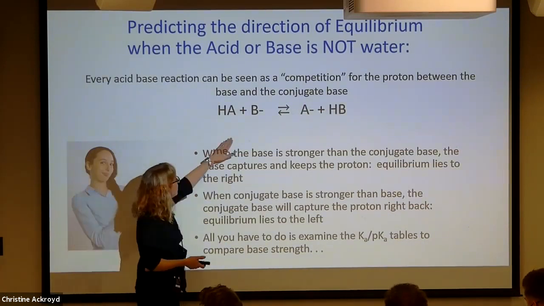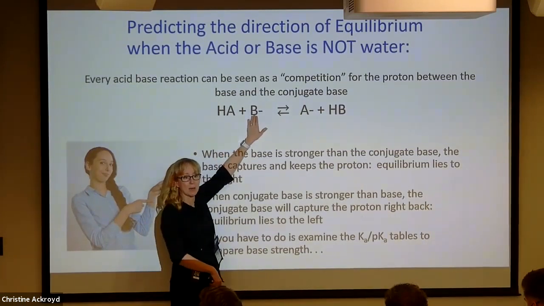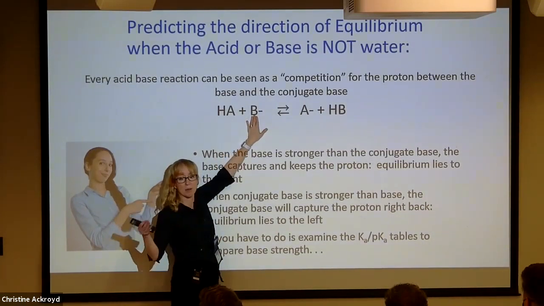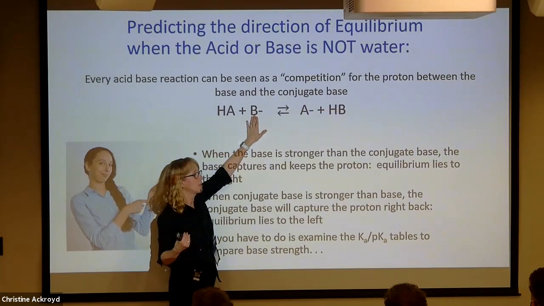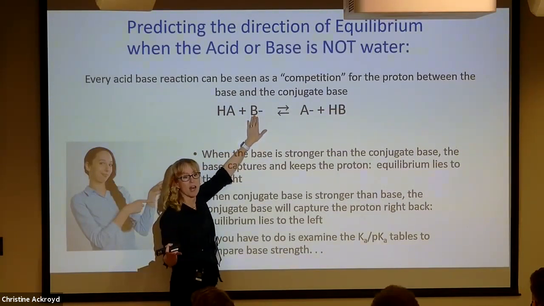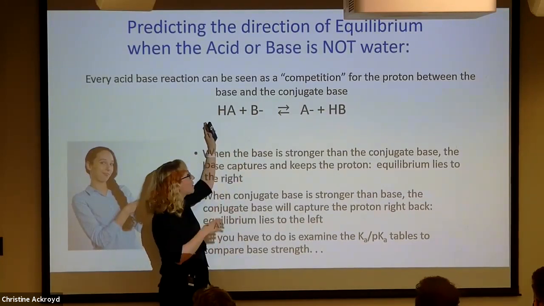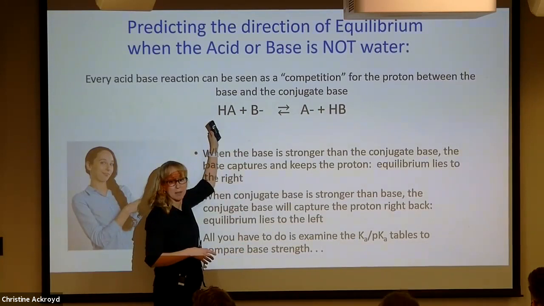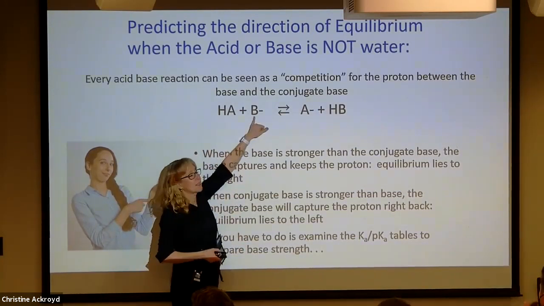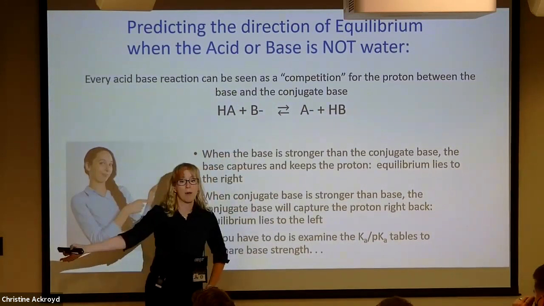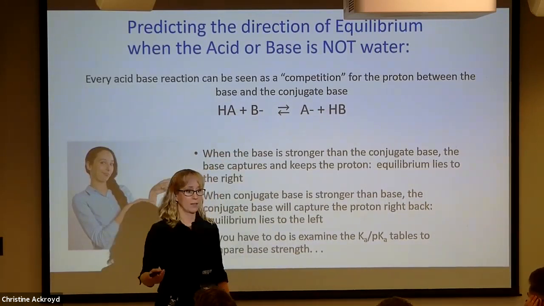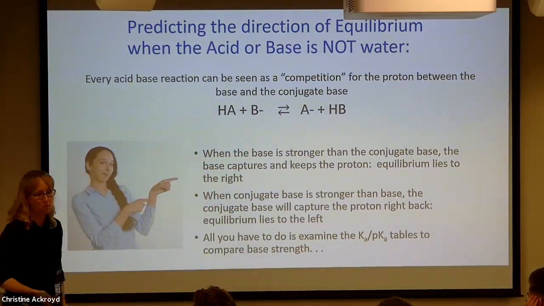So like this, we draw it as a B minus, right? A base with a negative charge. And it could be any number of weak bases. Carboxylate, hydrogen sulfate, fluoride, it could be any number of things, right? When we actually build this reaction, we're mixing it up on the bench top. This negative ion comes with a positive counter ion. Sodium or potassium.